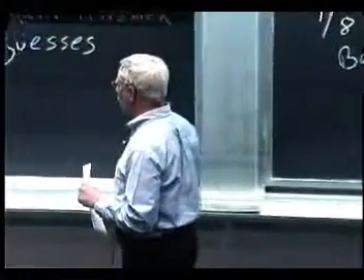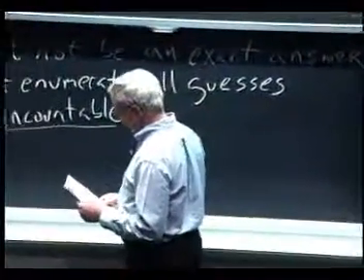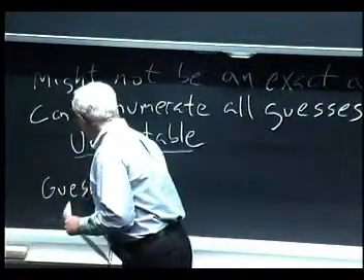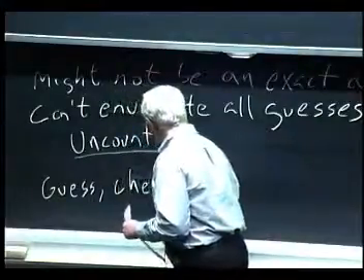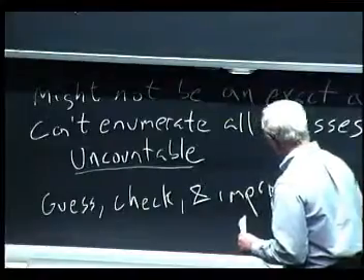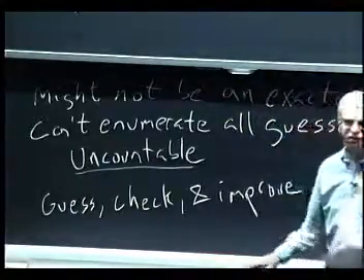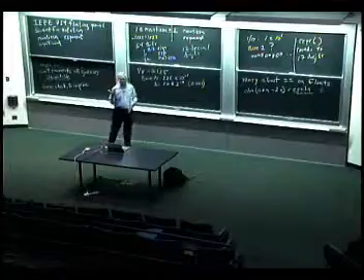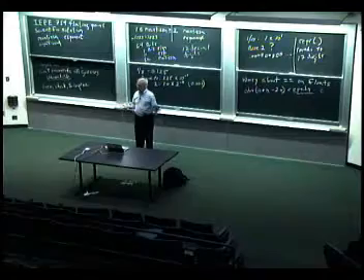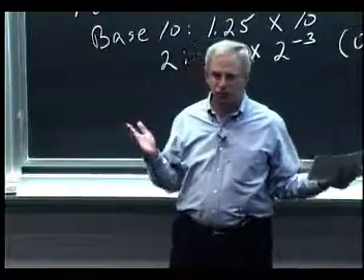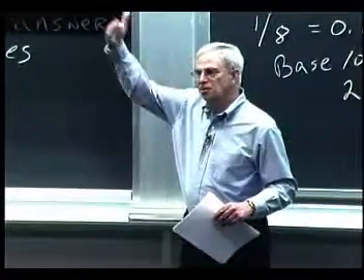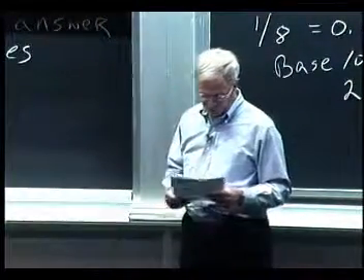So we're going to take our previous method of guess and check and replace it by something called guess, check, and improve. Previously, we just generated guesses in some systematic way, but without knowing that we were getting closer to the answer. Think of the original barnyard problem with the chickens and the heads and the legs. We just enumerated possibilities, but we didn't know that one guess was better than the previous guess.